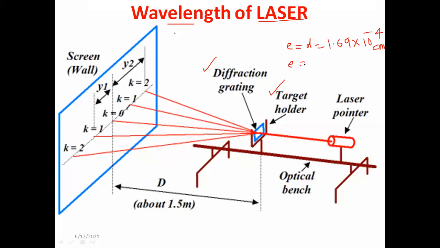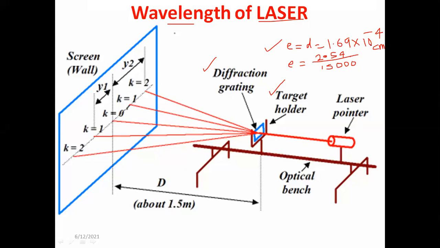This value can be obtained if you take the ratio of 2.54 centimeters divided by 15,000 lines per inch, LPI, if you remember. So if you divide 2.54 centimeter by 15,000, you will get this value. This is the grating element.